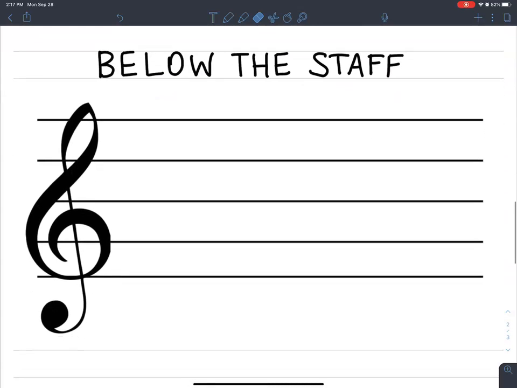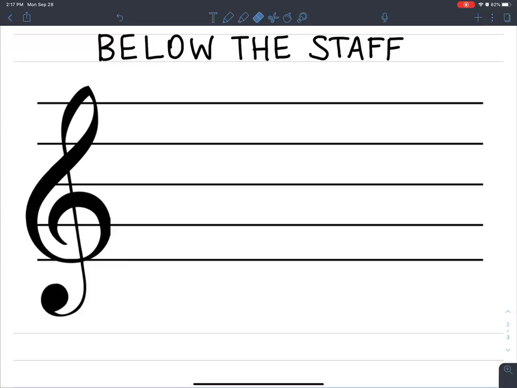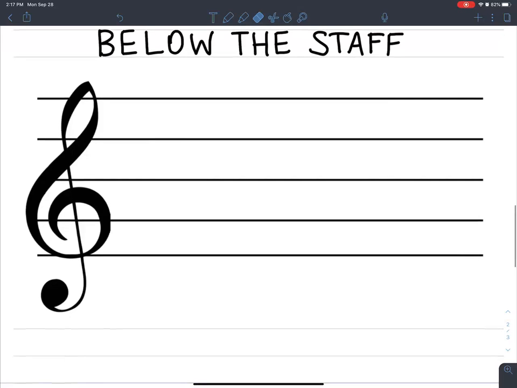Now, we have some notes below the staff as well. Okay, and these are where it kind of gets a little bit trickier for people to remember, okay? There are two notes that I want you to know, okay? We have one right here below the staff where it's touching that bottom line, right? But it's not on the bottom line.